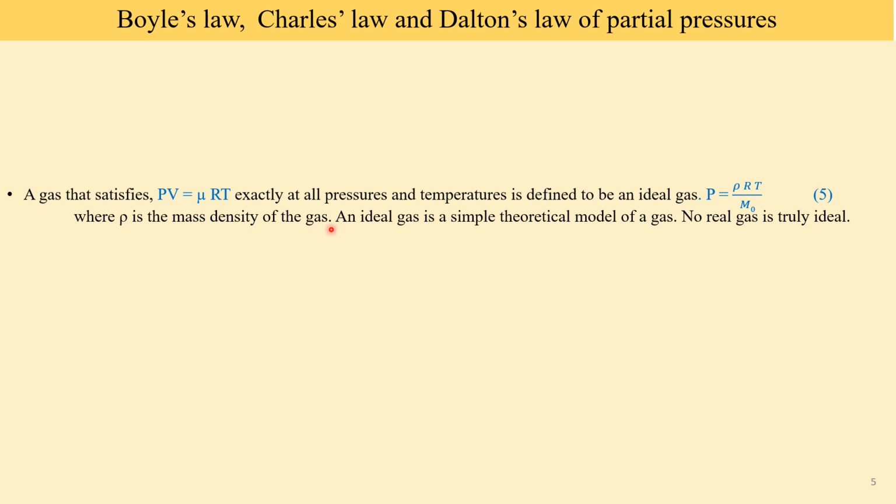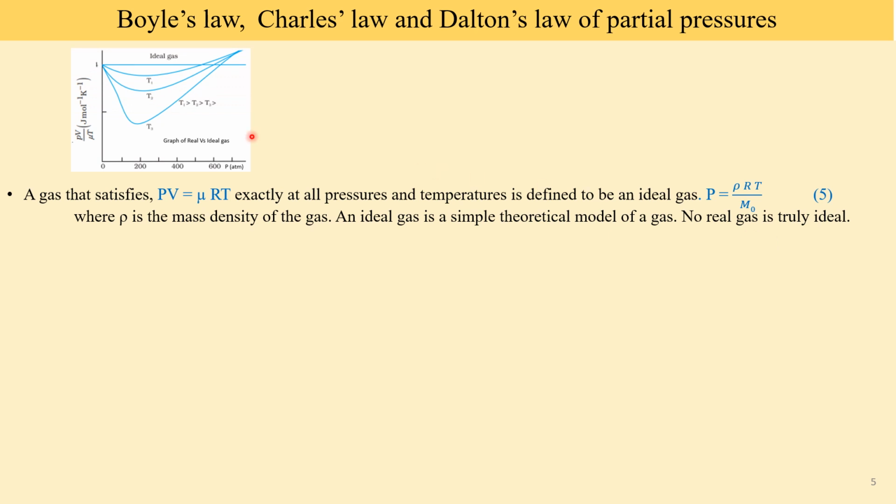An ideal gas is a simple theoretical model of a gas. No real gas is truly ideal. The figure on the screen shows the relationship between pressure, given in atmospheres on the x-axis, and the parameter PV divided by mu T, in joules per mole per Kelvin, on the y-axis.